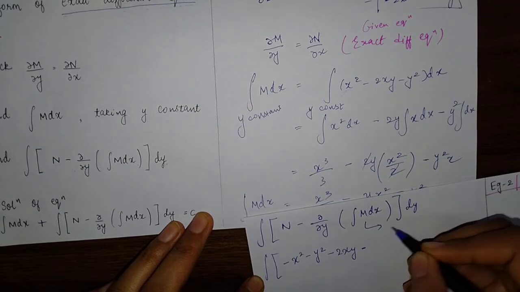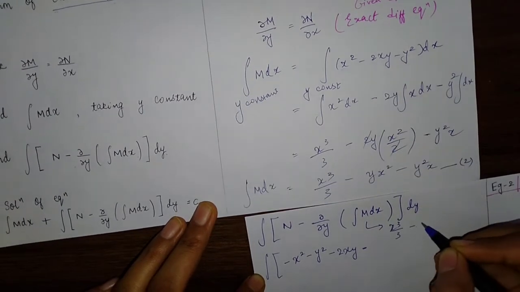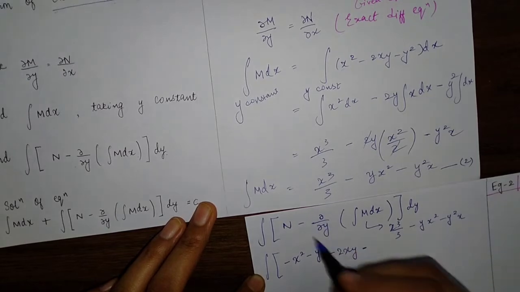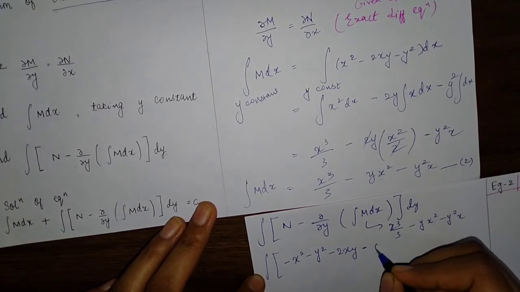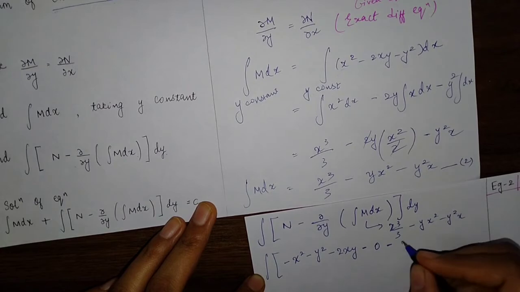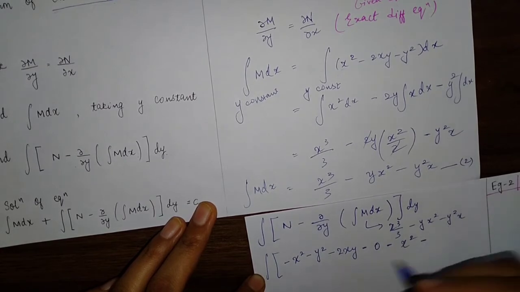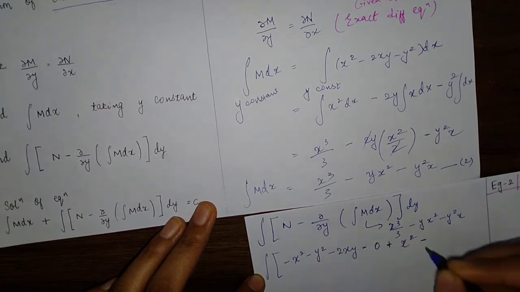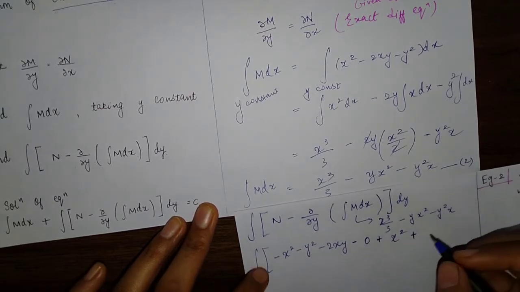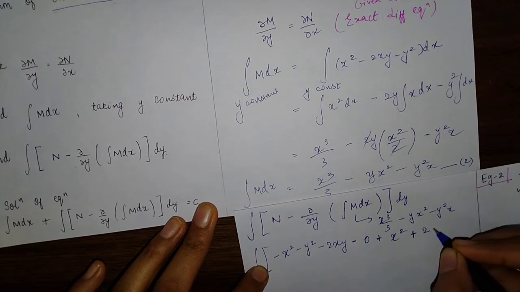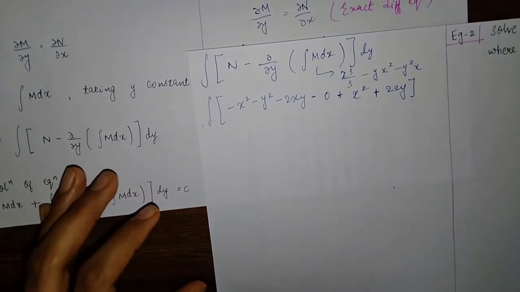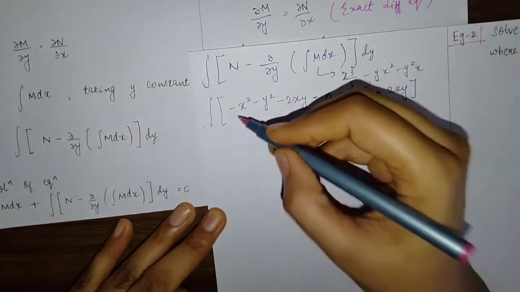And what is the term which we got? x cube by 3 minus y x square minus y square x. And if I partially differentiate this term, then it will be 0 minus x square minus, as we have a minus term, minus outside, so it will be plus here, and here also it will be plus, and here it will be 2yx, so it will be 2xy. Then you can see here that these terms will get cancelled.